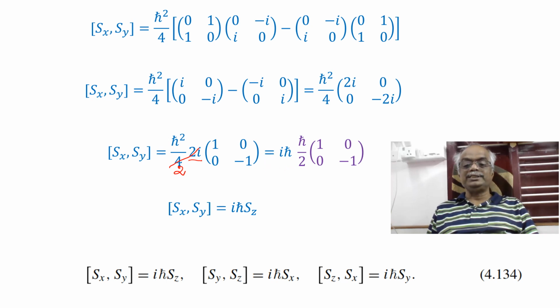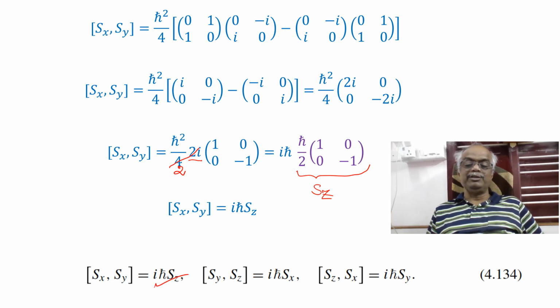Now what is this matrix? ħ divided by 2 times this matrix [1, 0; 0, −1] is the Z matrix. So this commutation relation, the commutator of Sx with Sy, is equal to i ħ Sz. That is the first one.